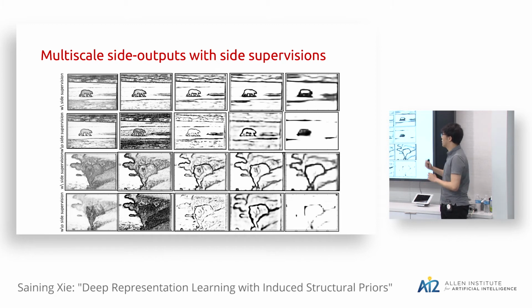But all the important edges are preserved in every stage of your prediction. But if you remove the side supervision, you can see the results lack this discernible order, and a lot of structures and edges are lost, especially in the final stage of the edge prediction.